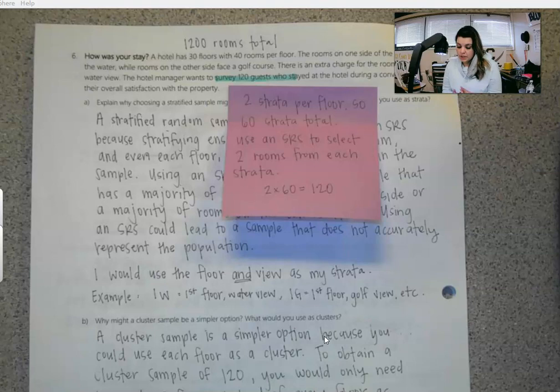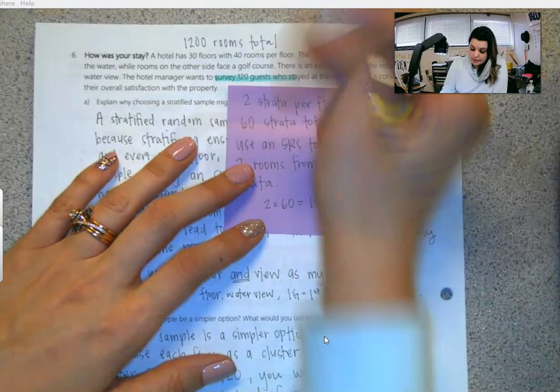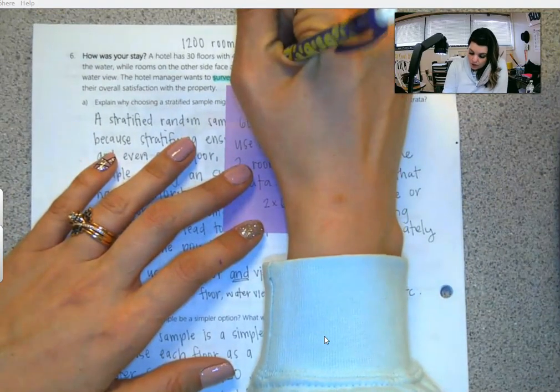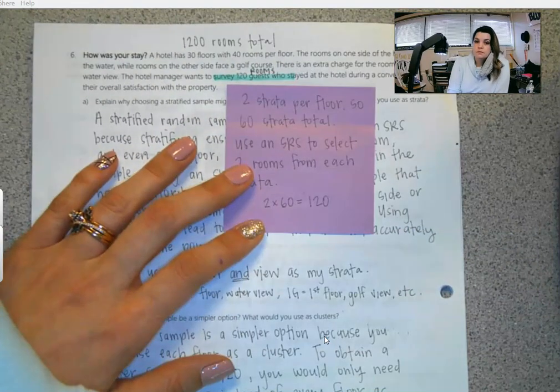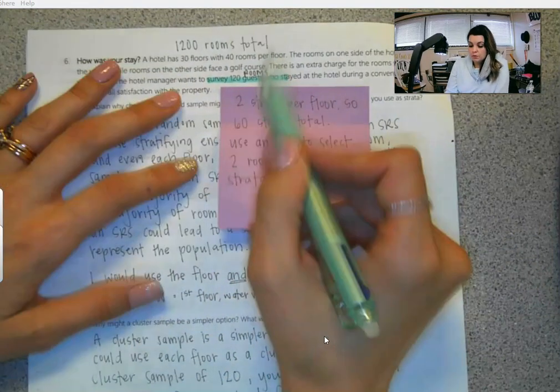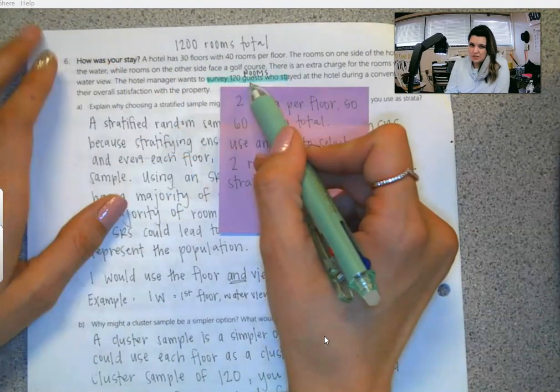The hotel wants to survey 120 guests during their stay about their overall satisfaction. Now, when they say 120 guests, I think what they really mean is 120 rooms. So we're going to refer to our survey as rooms and not guests.